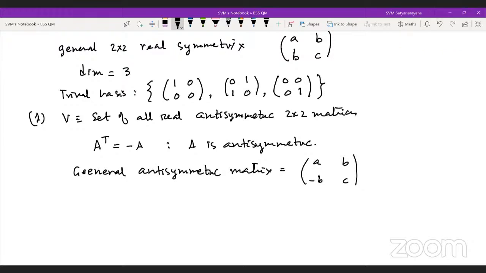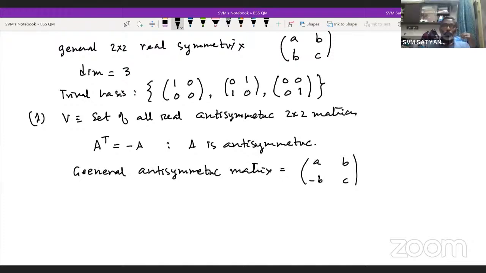Minus A. So let us say A is this, then A transpose is A, minus B, B, C, right? Is this equal to minus A?